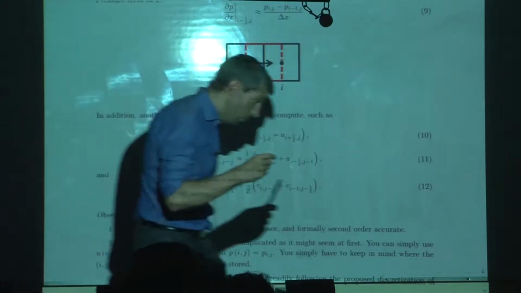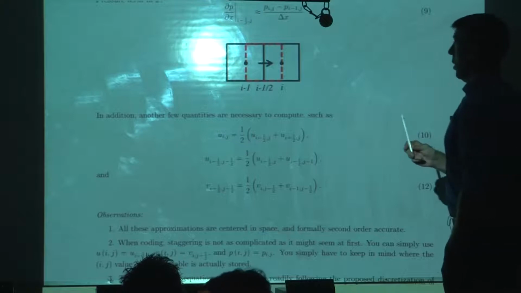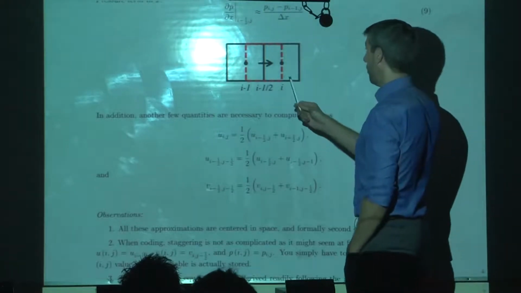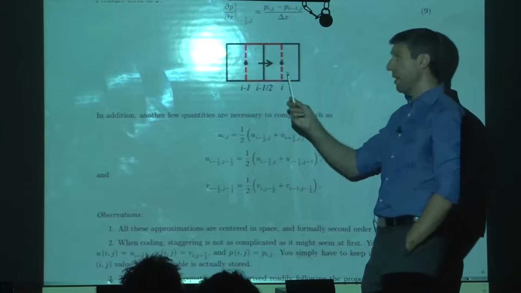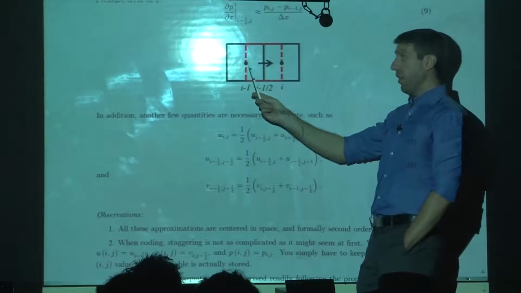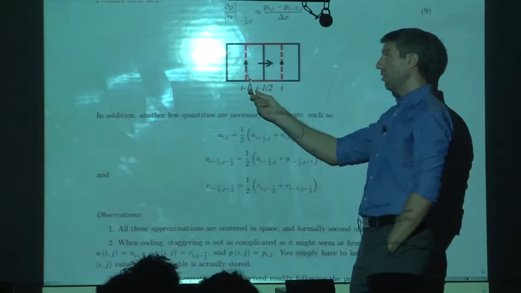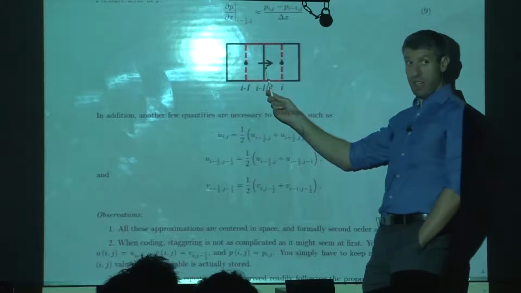Say it again? The pressure gradient, no, because P lives at ij, at i-1,j. If I just take this minus this divided by dx, that gives me a second order estimate of the pressure gradient right here on the face.